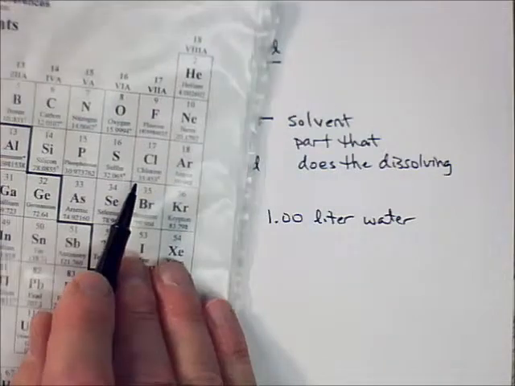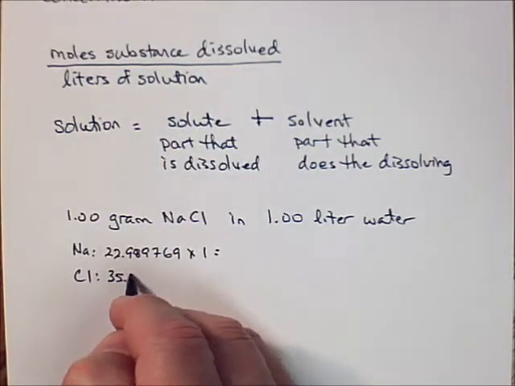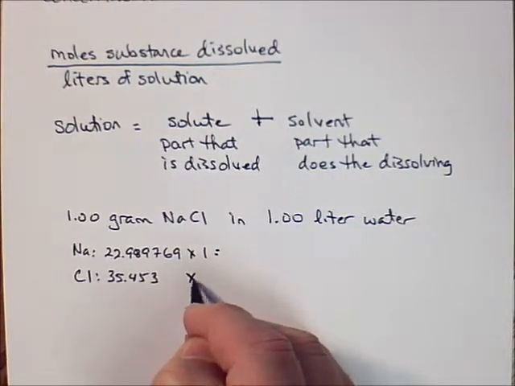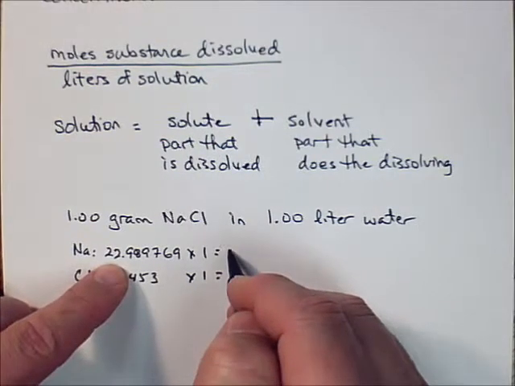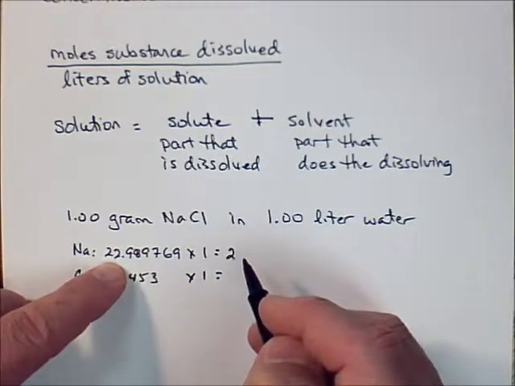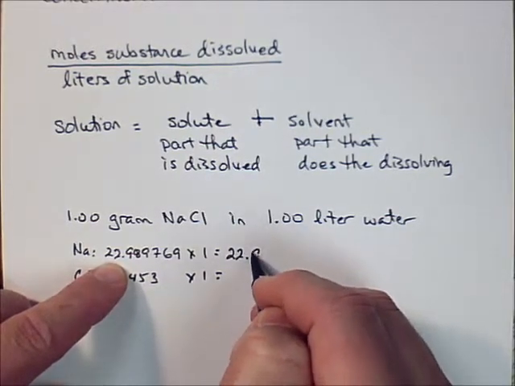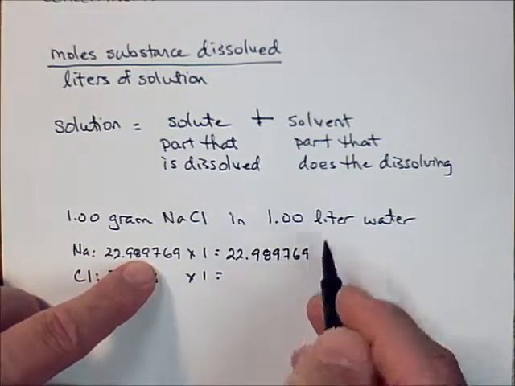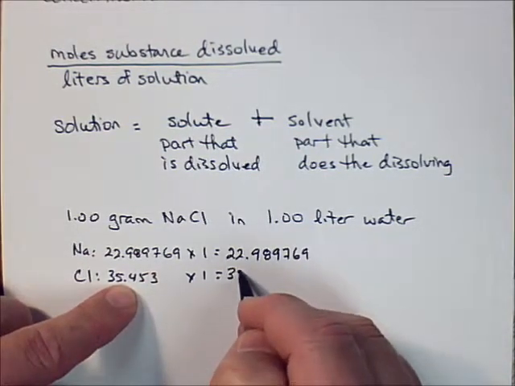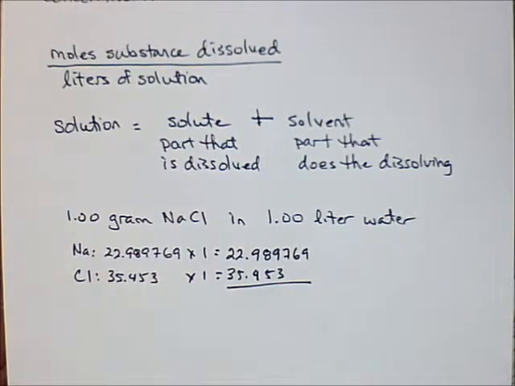And the atomic mass of chlorine is 35.453. We only have one of those in the formula. And so we're going to take the sum of all the atomic masses of all the atoms in the formula, 22.989769 plus 35.453, the sum of all the atomic masses of all the atoms in the formula.